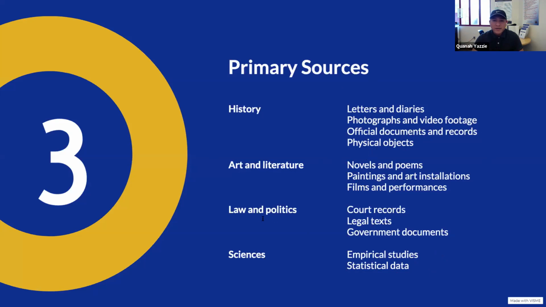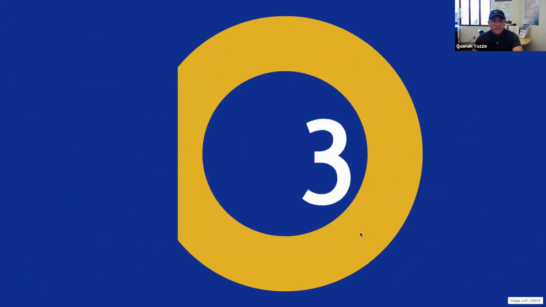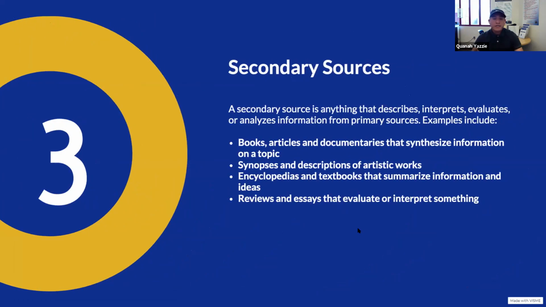So these are some examples of primary sources. Within law and politics, we have court records, legal texts, government documents, and within sciences, we have empirical studies and statistical data.